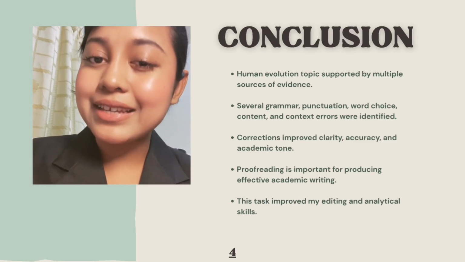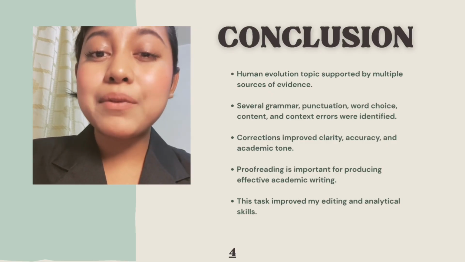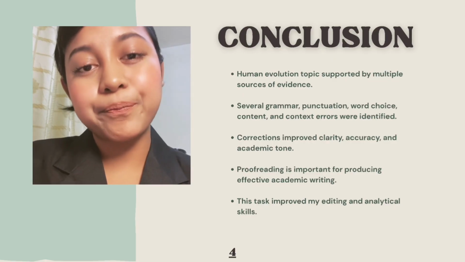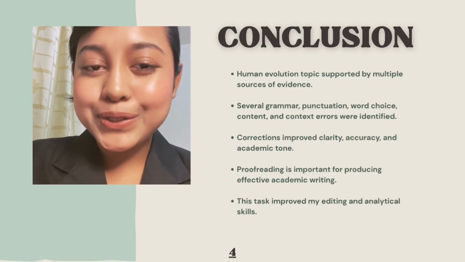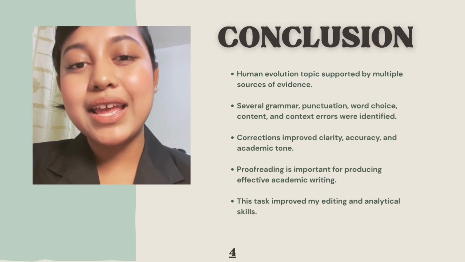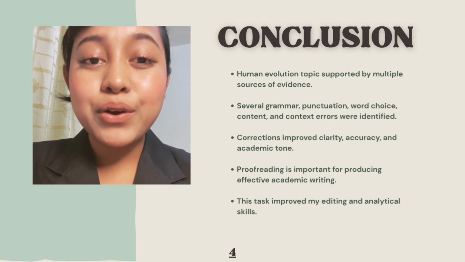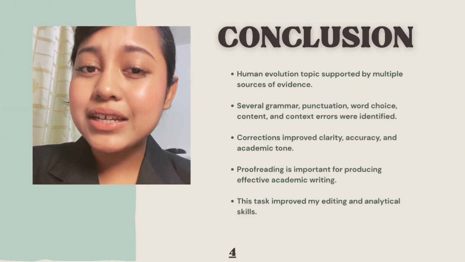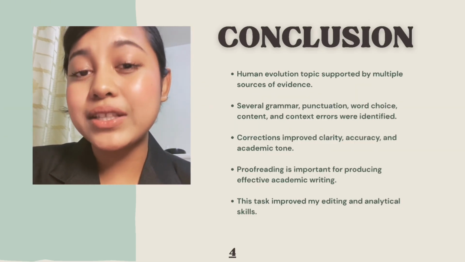By correcting these errors, the text could become clearer, more accurate, and more suitable for academic writing. This activity also helped me develop stronger proofreading, editing, and analytical skills, and this overall process demonstrates how careful editing can improve the accuracy, credibility, and effectiveness of academic communication.